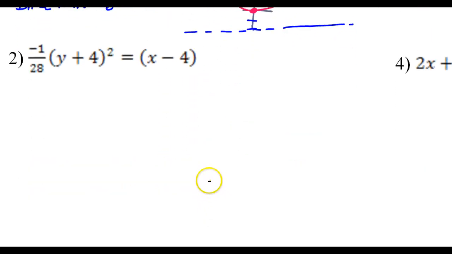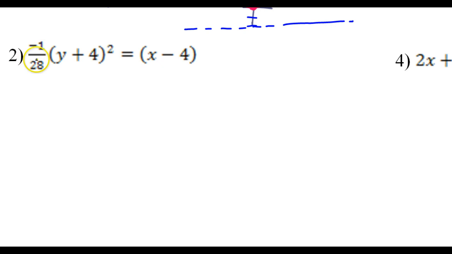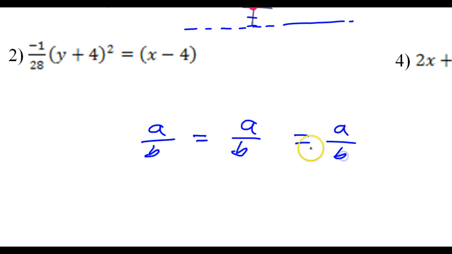Now, as I look at problem number 2, I'm not feeling this fraction. So please understand that negative a over b is the same thing as a over negative b, which is the same thing as having the negative right in the middle. So you can put that negative wherever you want, is the point of that story.